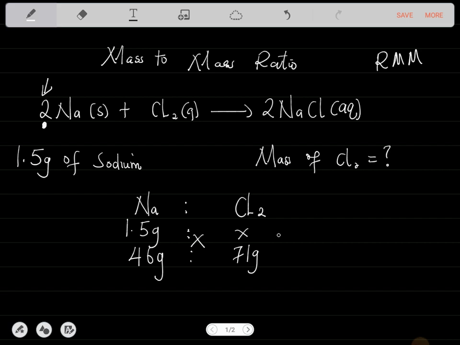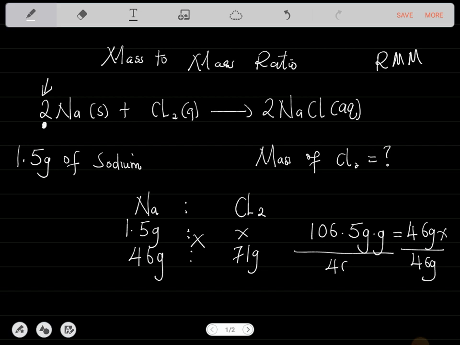So after cross multiplying, I'm getting 106.5 gram multiplied by gram, because there's a gram and a gram. So it is equal to 46 grams times x. So we divide by 46 grams.